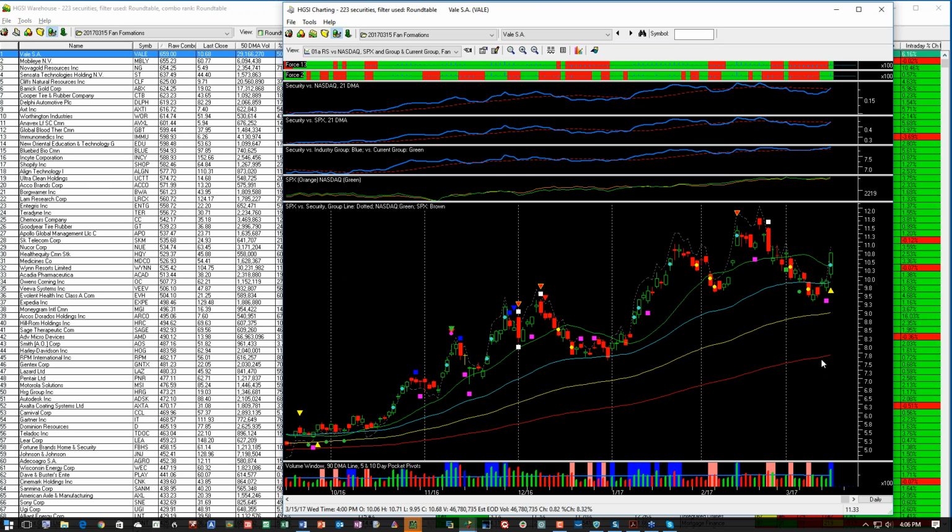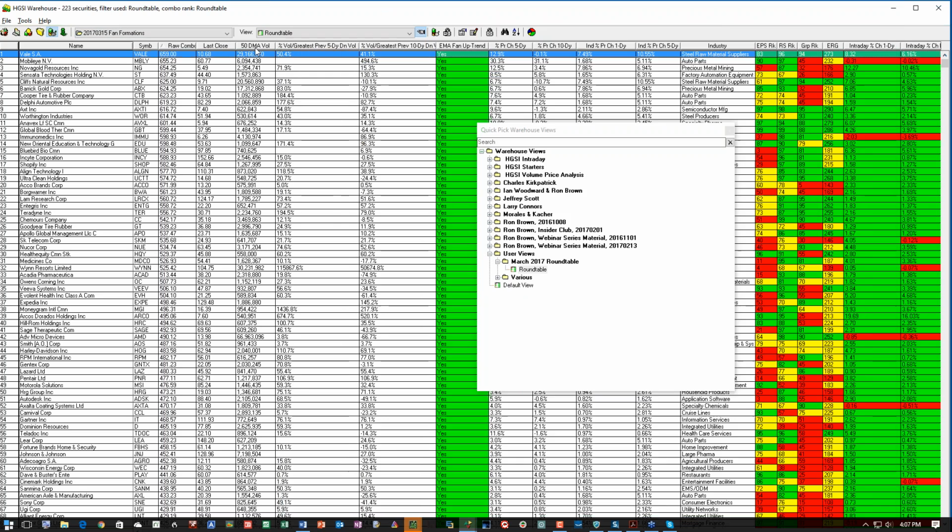Now Vale, I would consider. You can see that it is in a long-term fan trend. These have turned up compared to the NASDAQ and to the SPX, and compared to its current group, it's going up, so it's outperforming the group. And here's your pocket pivot. Remember, the pocket pivot was one of my requirements.